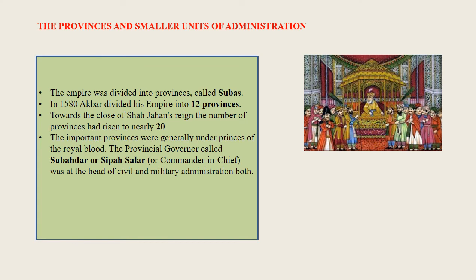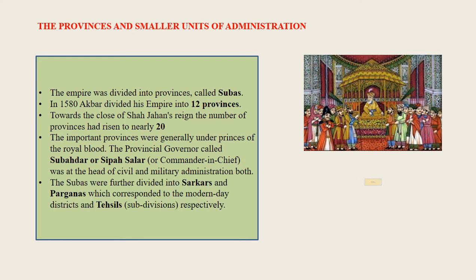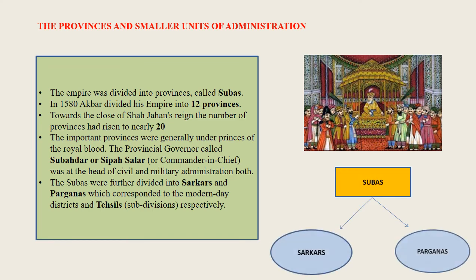The provincial governor, called Subadar or Sipasalar or commander-in-chief, was at the head of civil and military administration. The subas were further divided into sarkars and parganas, which corresponded to the modern-day districts and tehsils, or subdivisions, respectively.